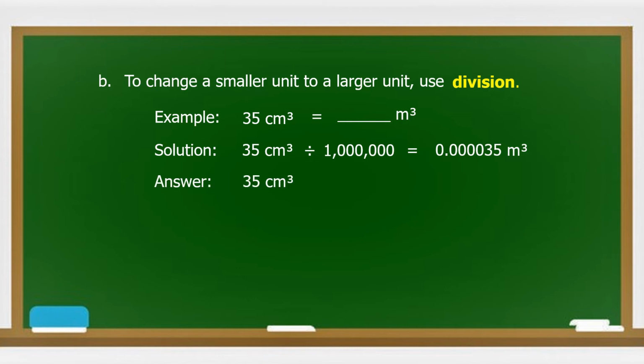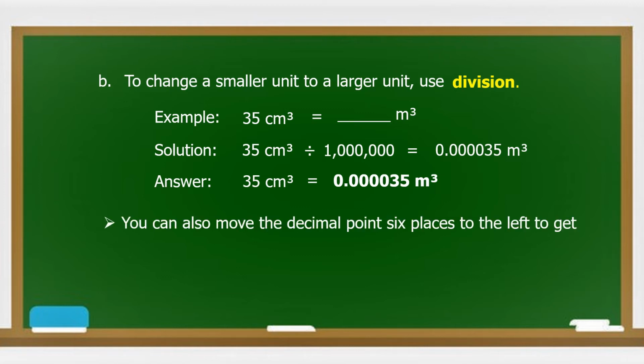Answer, 35 cubic centimeters equals 35 millionths cubic meter. You can also move the decimal point 6 places to the left to get 35 millionths cubic meter.